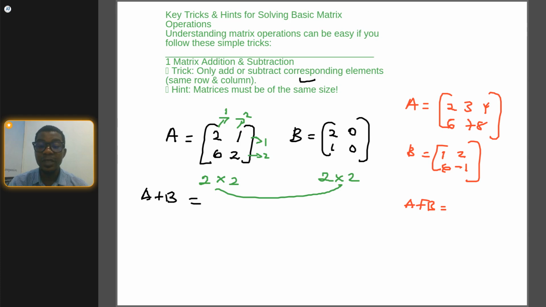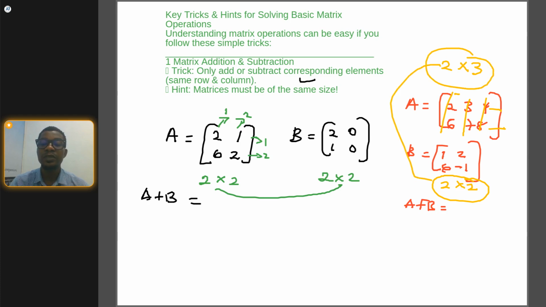You count the row first: 2 rows by 3 columns, so 2 by 3. For B, we have 2 by 2. Are they the same? No. The orders are not the same, so we can't add them together.